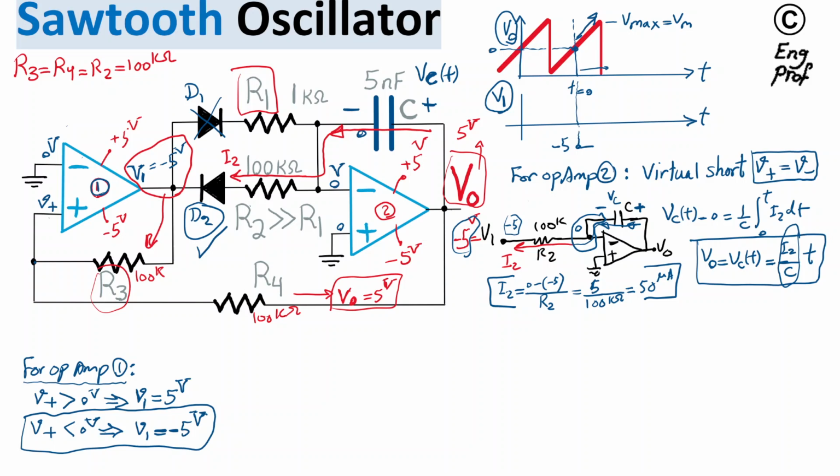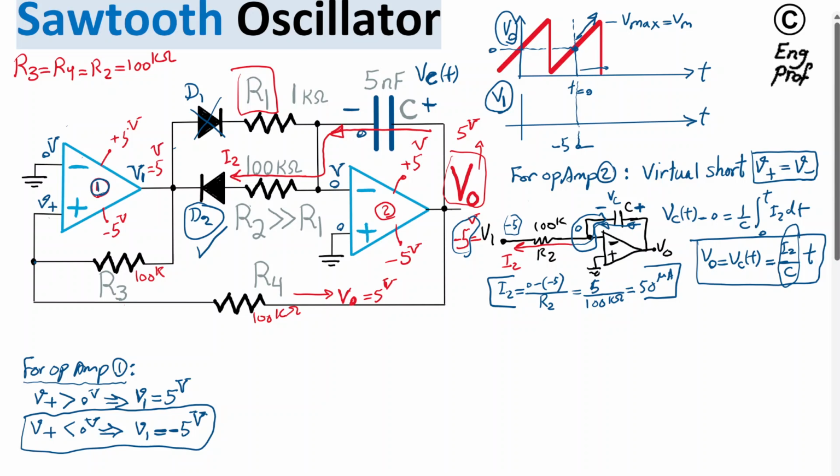Because of the symmetry here, R3 being equal to R4, and because we already have negative 5 volt on one side of R3, the moment Vout reaches 5 and tries to go even a little bit beyond 5 volt, this midpoint voltage connecting to the positive terminal of op-amp 1 will try to go a little bit above 0, which is good enough to make this comparator change its decision and switch the output V1 immediately from negative 5 to 5.